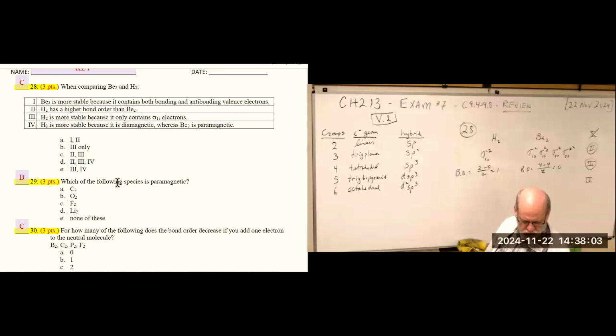And then 4, H2 is more stable because it is diamagnetic, whereas Be2 is paramagnetic. Well, H2 is more stable, but it's not because they're diamagnetic or paramagnetic. That has nothing to do with it. And by the way, that's not right. If this existed, they would both be diamagnetic because all their electrons are paired.